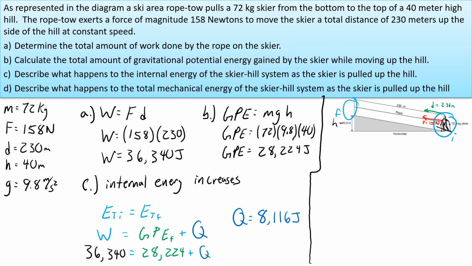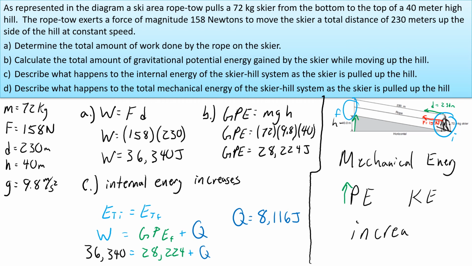So since mechanical energy consists of potential and kinetic, and we know that the potential energy is increasing because we're gaining height, we can say that the mechanical energy also increases, because you're doing work on the system. Very nice.